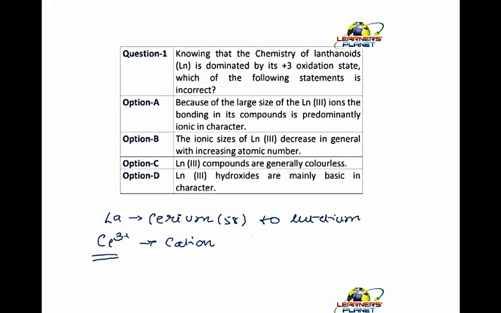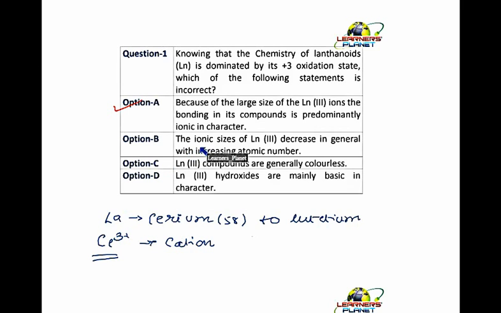What is polarizing power? It is the force of attraction of the nucleus for the electrons of the anion. So if the cation is large, the attraction of its nucleus towards the electrons of the anion will be less, and the bond will be predominantly ionic in nature. So our first option is correct.